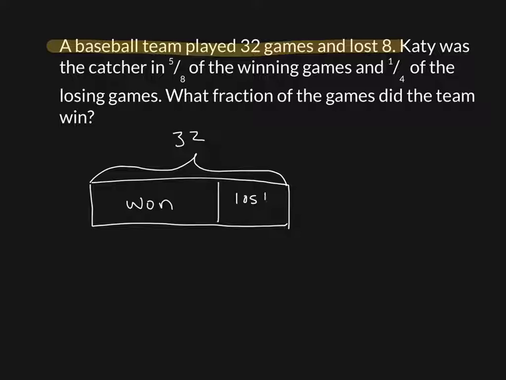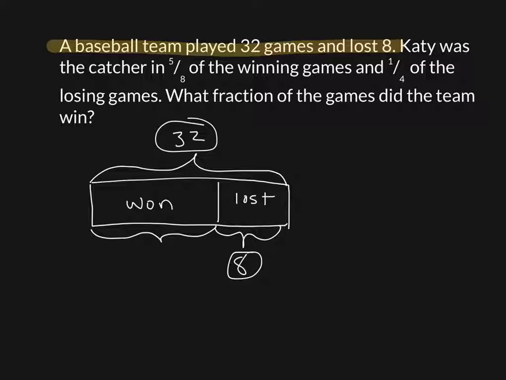And the number of games that they lost was 8. And in order to find out the fraction of games they won, I first have to find out the number of games they won. And so this is an instance where we know the whole, we know one of the parts, we need to find out the other part.